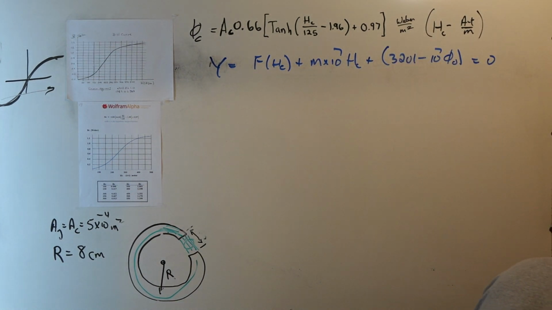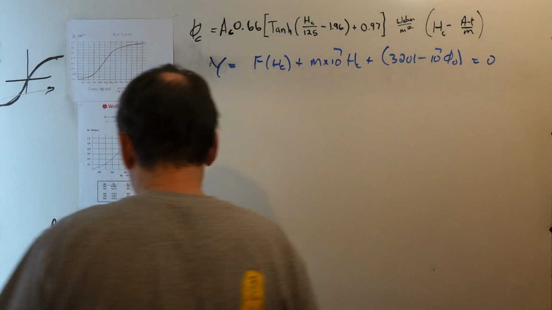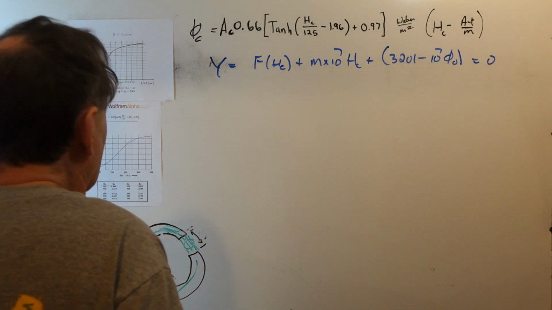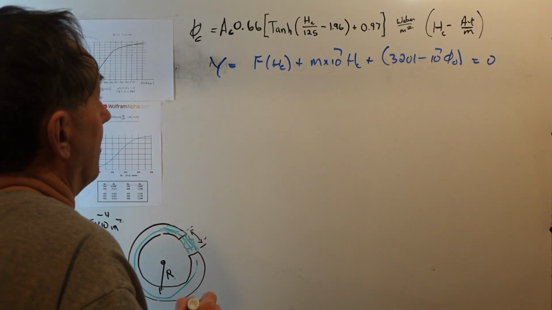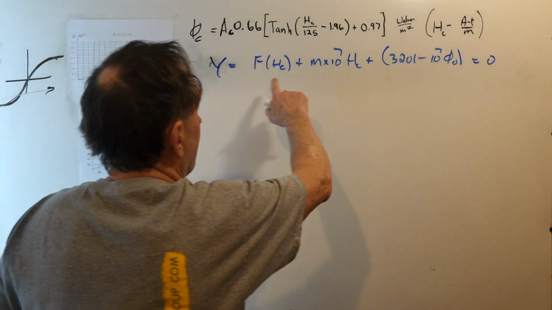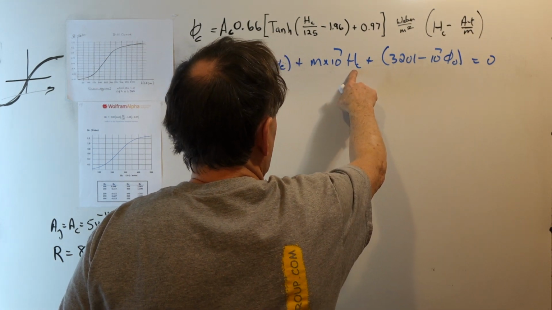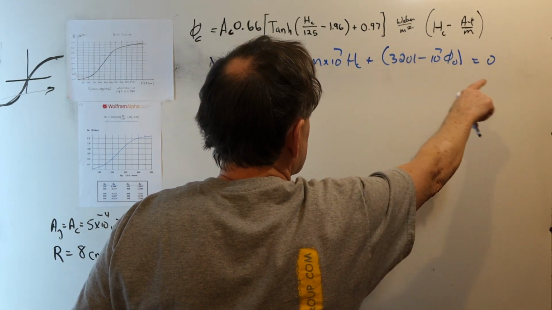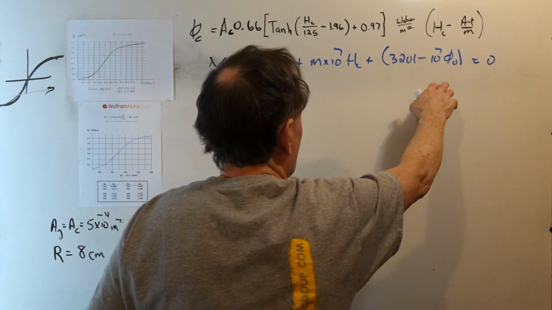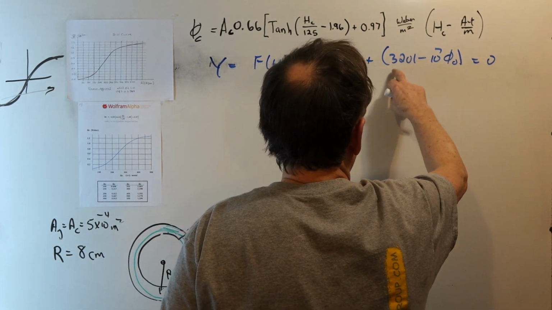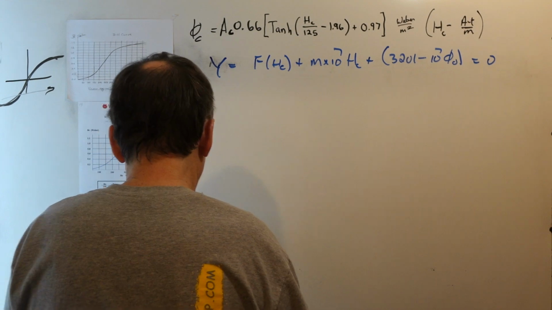Now, watch what happens here. The operating point now will be a function of the gap. We're finding those values of Hc that make this equation go to 0 when we put in a certain value for the gap.